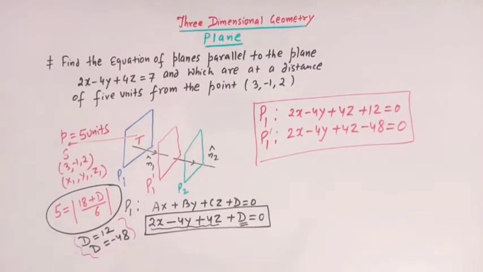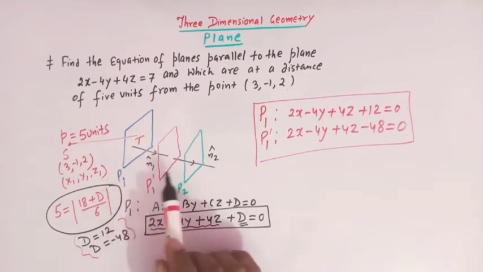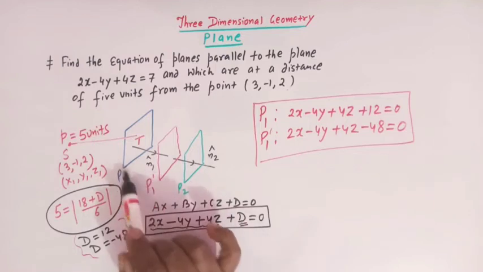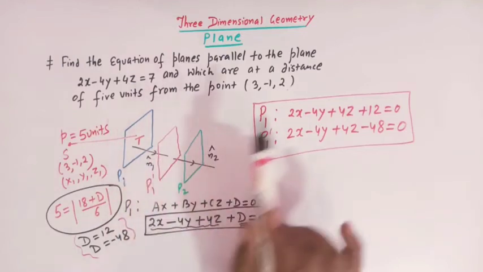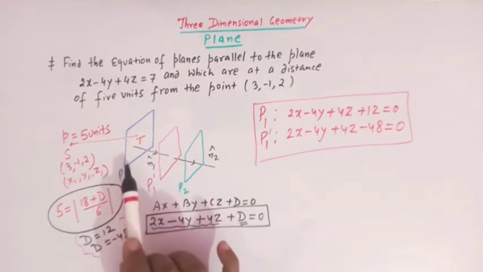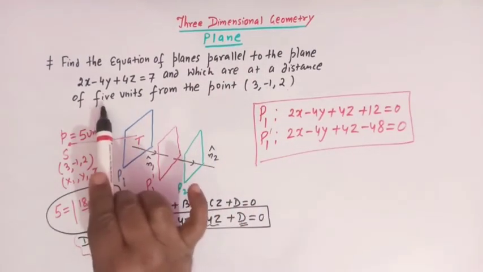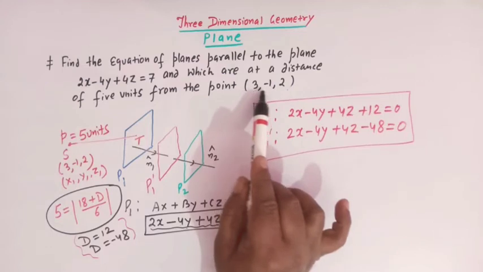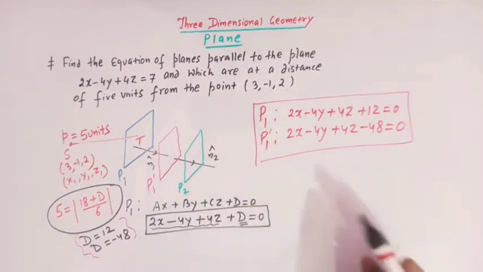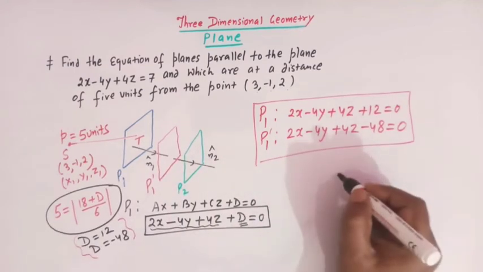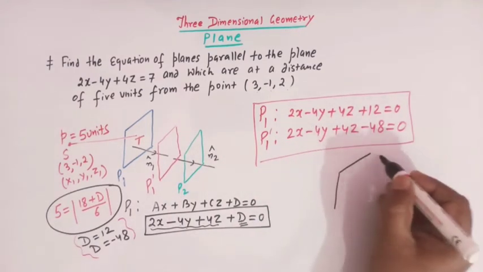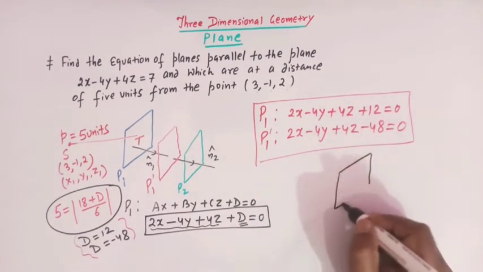Viewers, here I would like to mention one important concept, right? See, since we have obtained two equations of the planes, and here we are given that these planes are at a distance of 5 units from this point, that is (3, minus 1, 2). So this was a rough diagram, but we can draw this diagram like this.